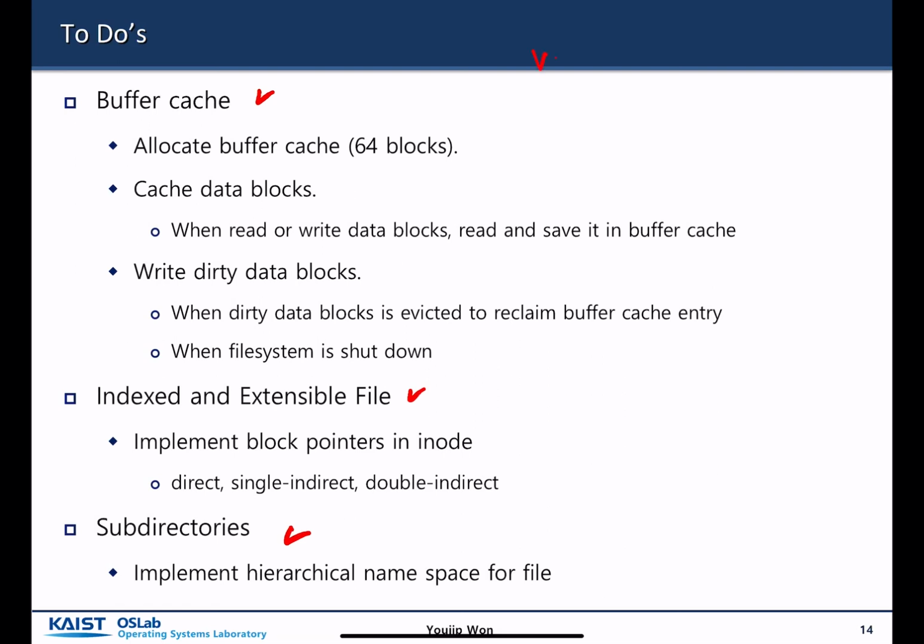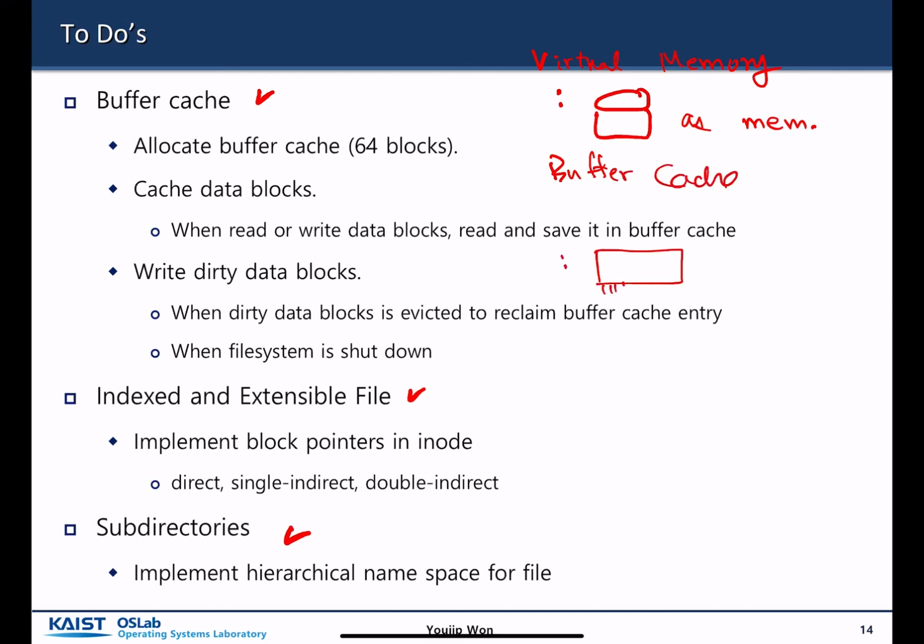In virtual memory, we are using part of disk as memory. We're using disk as memory. In buffer cache, it's the opposite. We are using part of memory as disk.